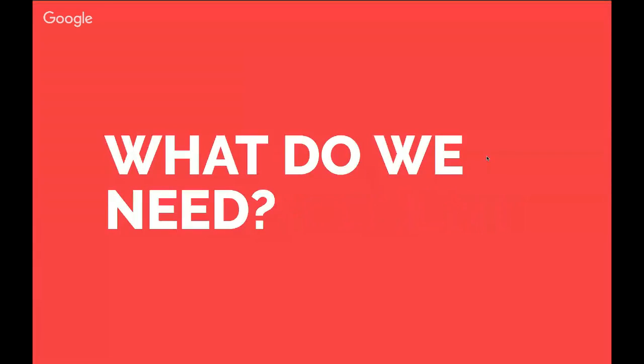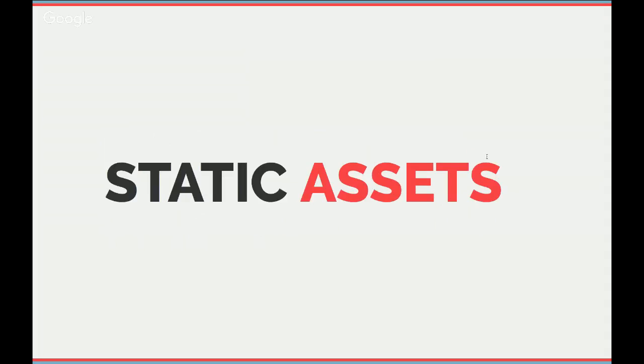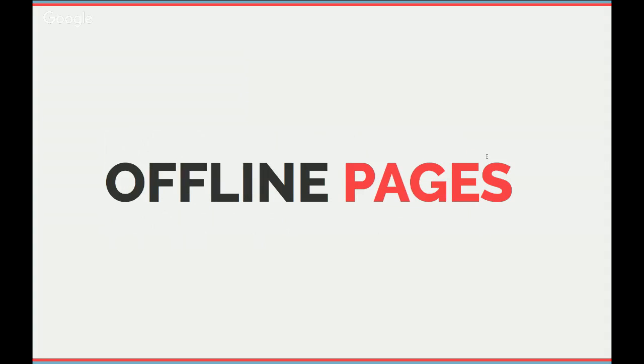So what do we need? In order to create an offline experience for our users, what do we actually need? I think there's 5 things I'm talking about today. There's a base experience, like I said, the existing application. We need to do something with our static assets. We need some way to make the rest of the pages work offline.